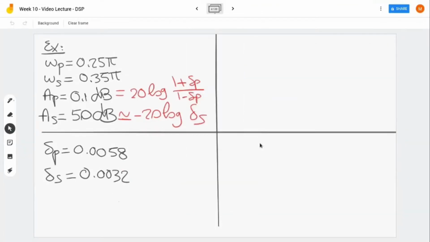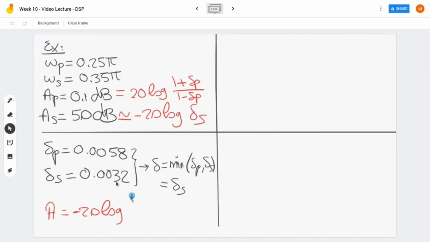Second step, we need to choose the minimum value of these two. So we'll define a new delta, which is the minimum value of these two. As you can see, the value of delta S is the smallest one. So delta is equal to the minimum of delta P and delta S, which in this case is delta S. Then we need to compute the new stop band attenuation A, which is minus 20 log of the new delta we have chosen.